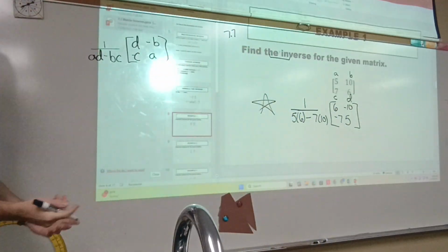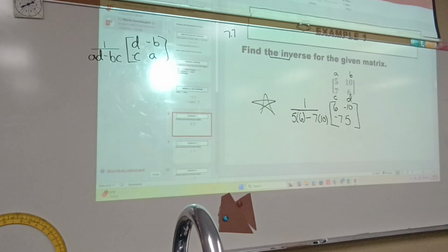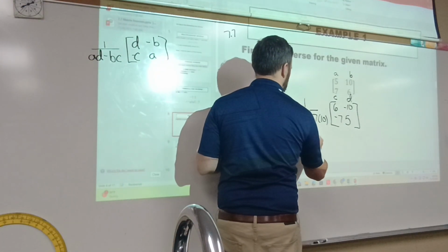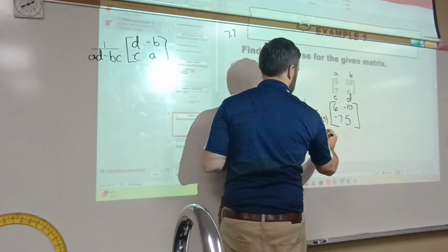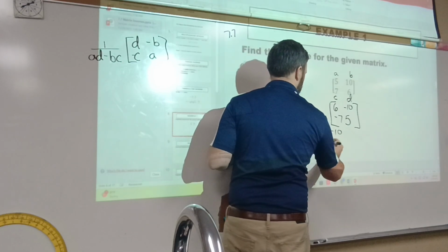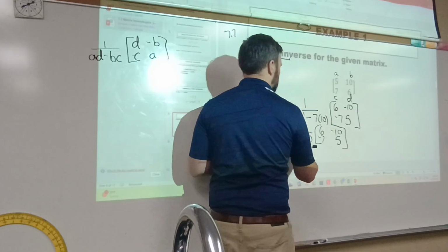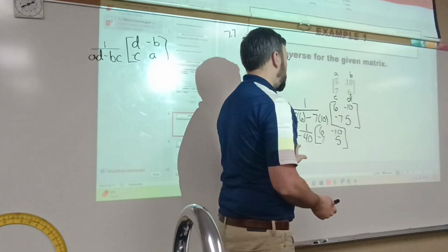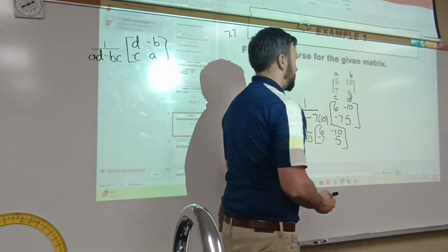Okay? So the math behind it's not difficult, right? It's just there's a lot to do. So that's 1 over negative 40 times these. That's a nice number. When you scalar multiply, it just goes through and hits every number, right?